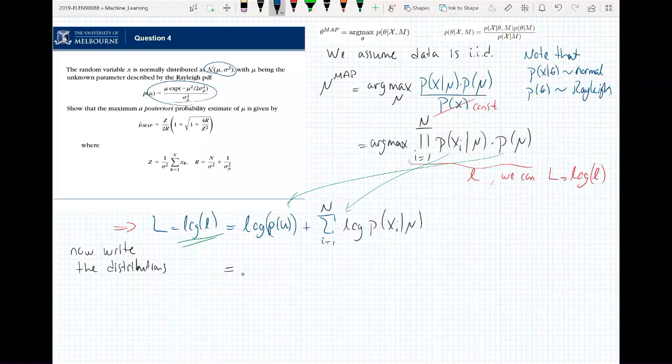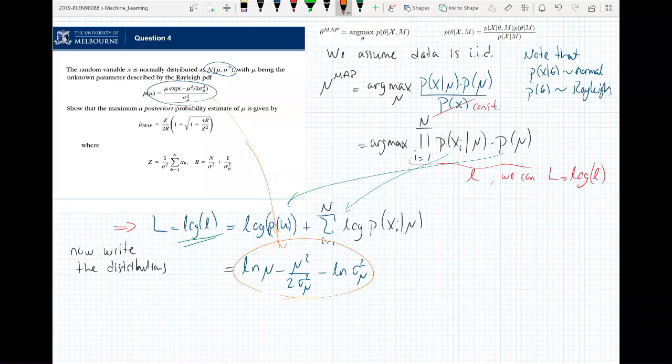I'll just write it this way: ln mu minus mu squared over 2 sigma squared mu, from the Rayleigh distribution, minus ln sigma squared mu, because it's in the denominator, right? This comes directly from here, right?